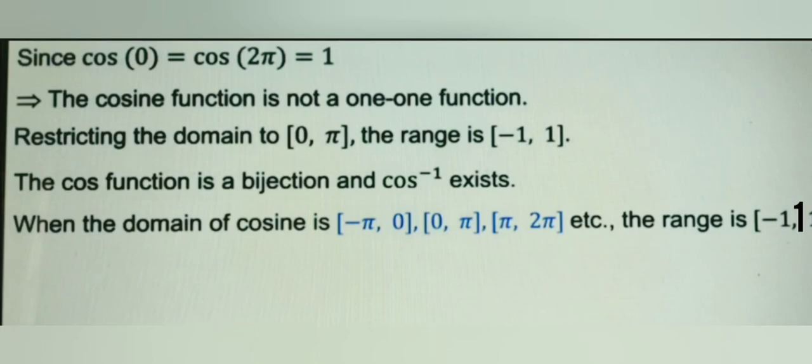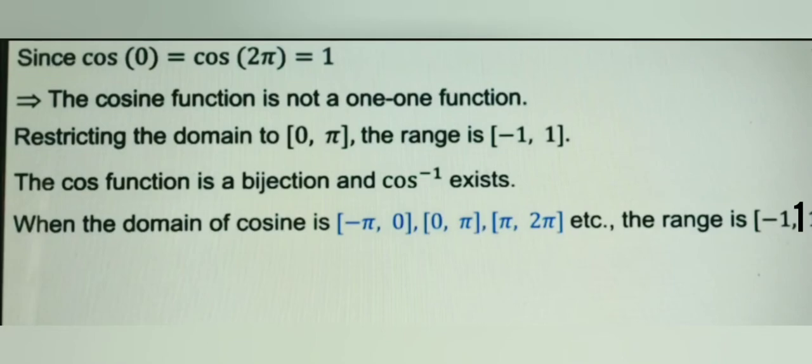But if I restrict the domain to the closed interval from 0 to pi, the range is the closed interval -1, 1. And then the cos function is a bijection, that is, a one onto function. And then the cos inverse will exist. I have explained this to you.